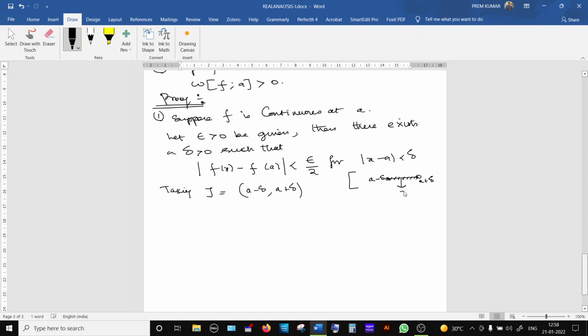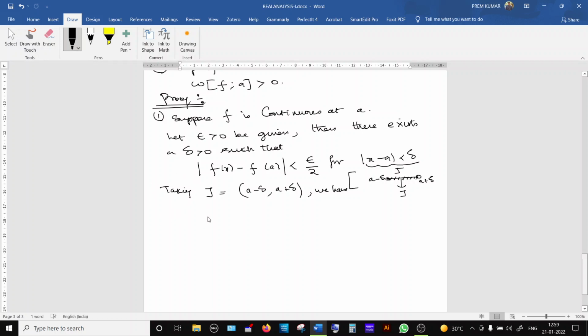This interval we are going to take as J. That's all. Then, if we consider this interval as J, for every element in J, this condition is satisfied.